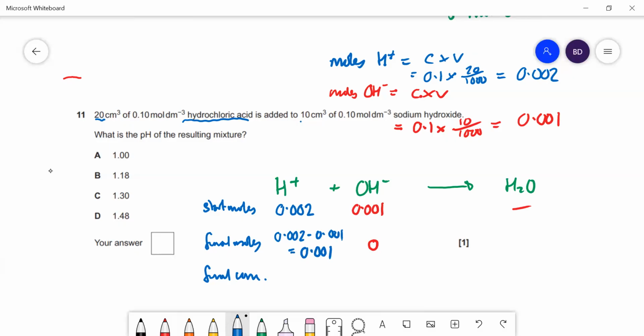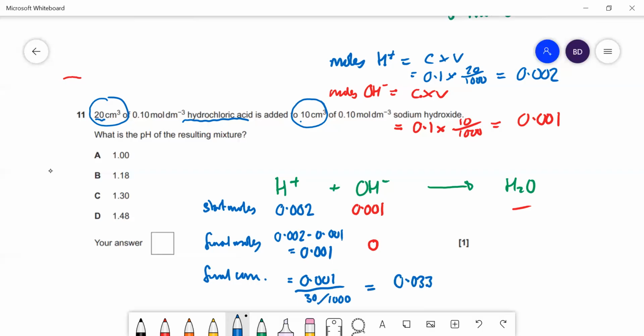Right, now the final concentration of that is going to be the moles over the volume. Well, what's the volume? We've got 20 centimeters cubed there and 10 there. So the total volume is 30 centimeters cubed. So that's 0.001 divided by the volume, which is 30 over 1,000. Evaluate that, and you get 0.033.